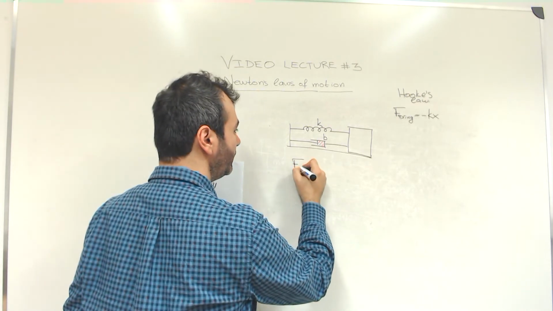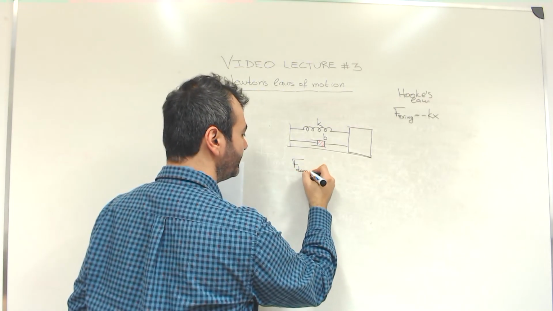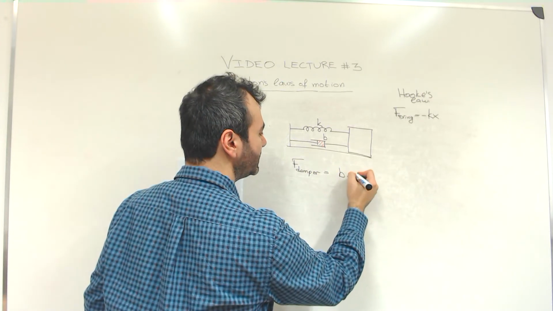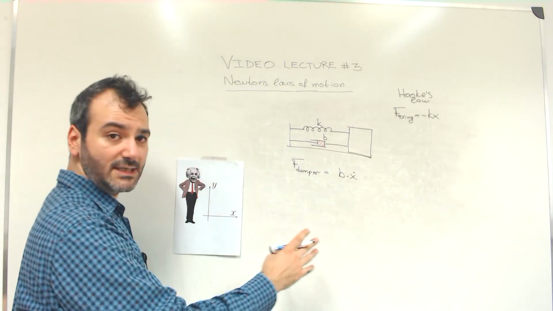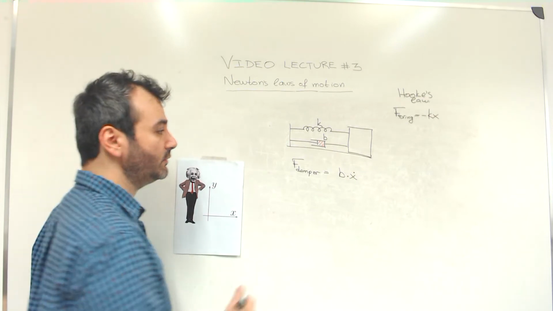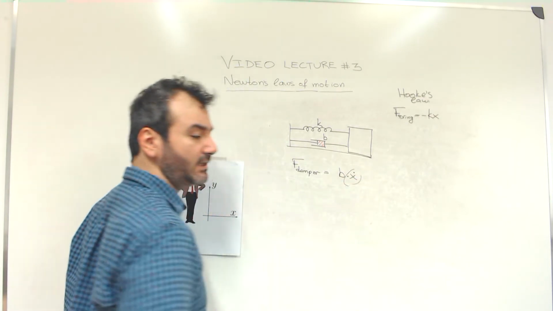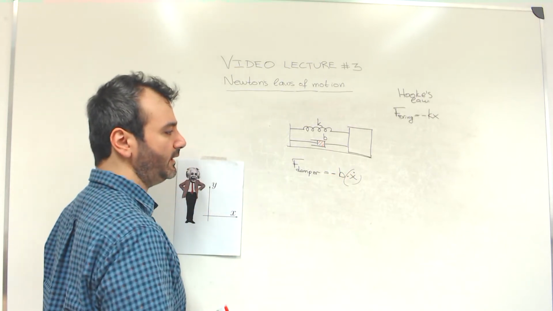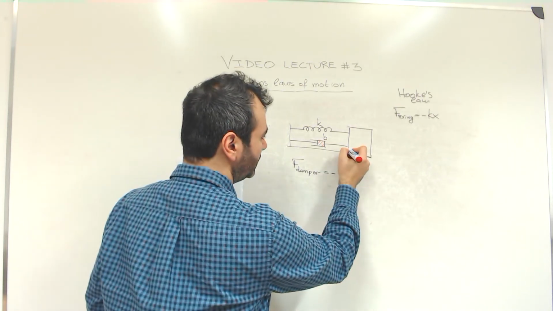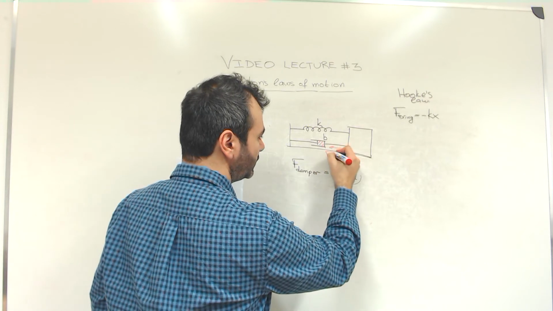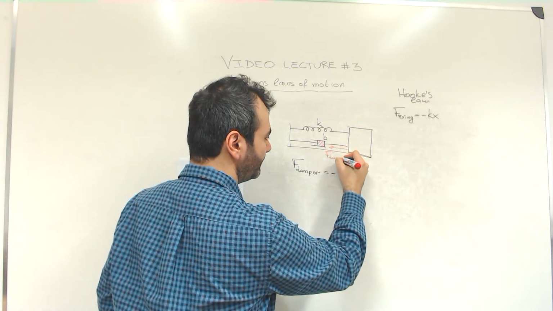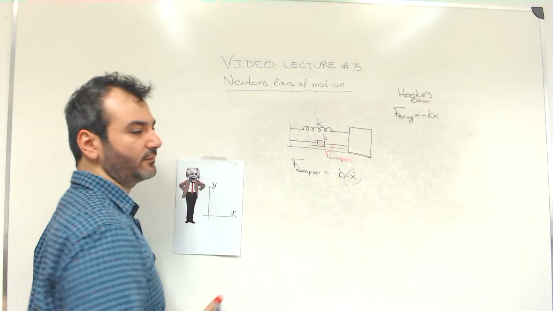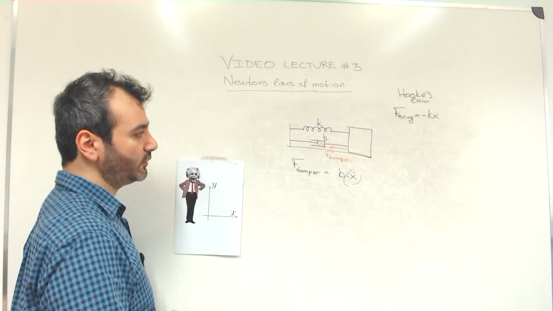The force of the damper is equal to B times x dot, and it has the opposite direction with respect to x dot. So you will see in some textbooks or other resources, you might find B here. We will denote the force of the damper here like that. We don't need the B, it is clear from the drawing.